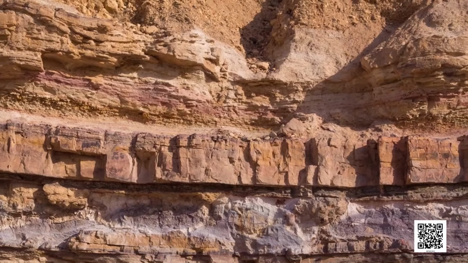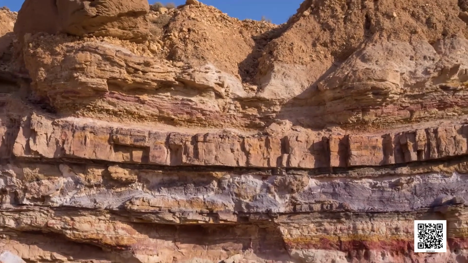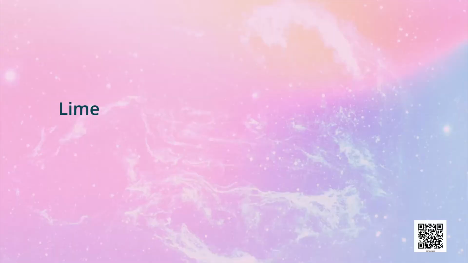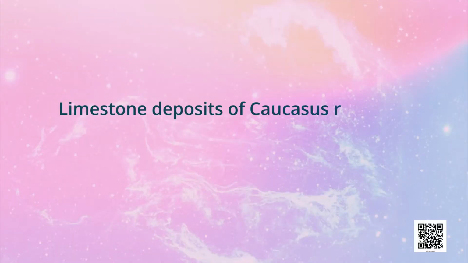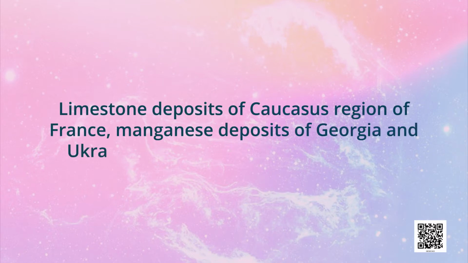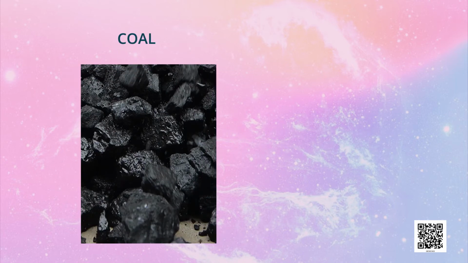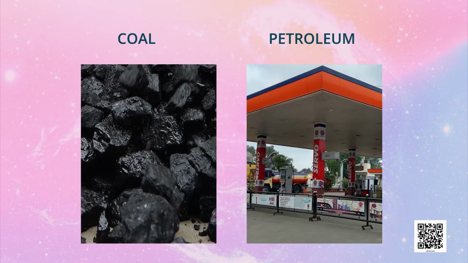Sedimentary rock formation of plains and young fold mountains contain non-metallic minerals like limestone. Limestone deposits of Caucasus region of France, manganese deposits of Georgia and Ukraine, and phosphate beds of Algeria are some examples. Mineral fuels such as coal and petroleum are also found in the sedimentary strata.